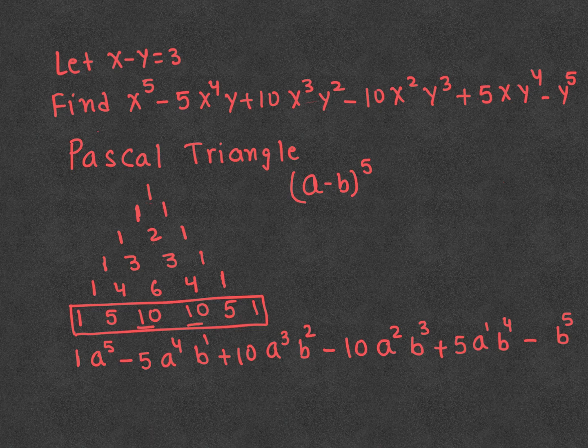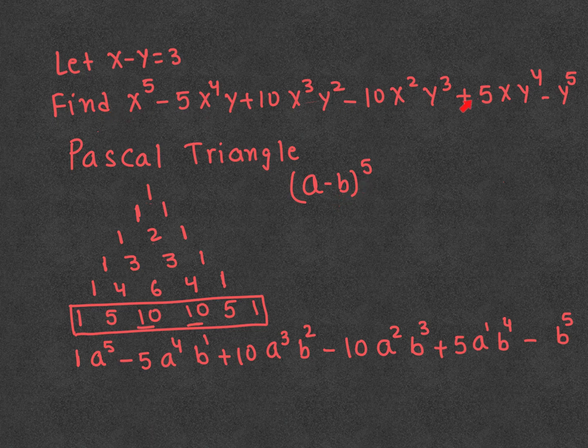So now this equation given in standard form is the same as, the only difference is that instead of a we have x here, and instead of b we have y here. And this was the standard form for a minus b to the power 5.